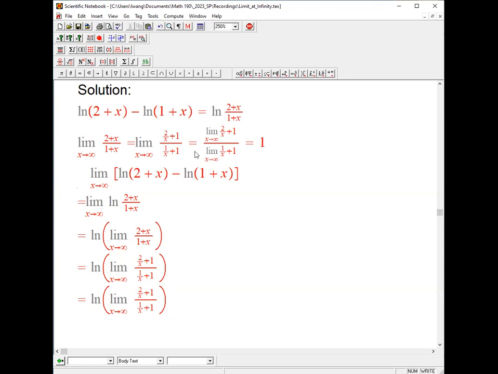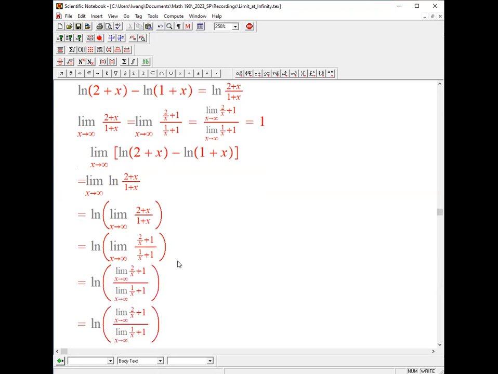And now we got that, and then we're almost done. This piece, we got ln 1, so the whole limit inside is 1. ln 1, we can remove the parentheses, is equal to 0.